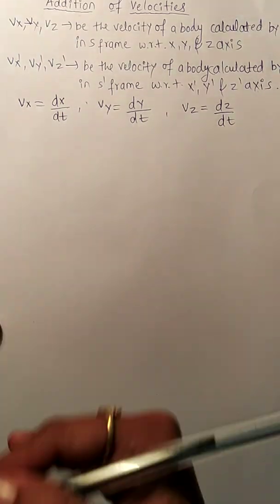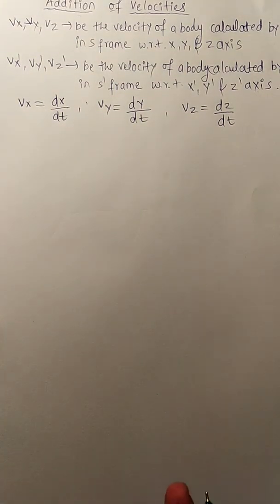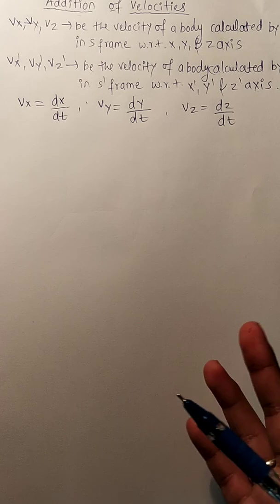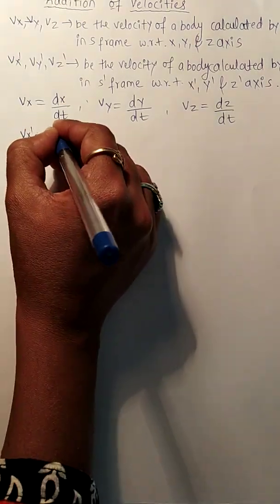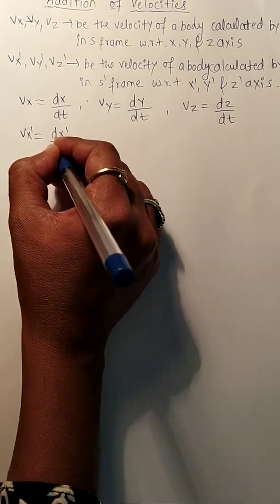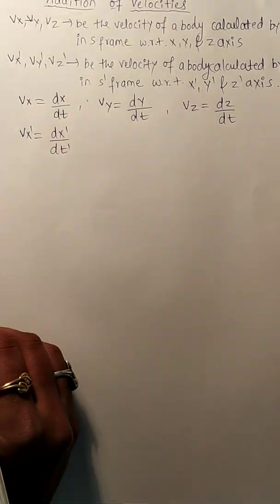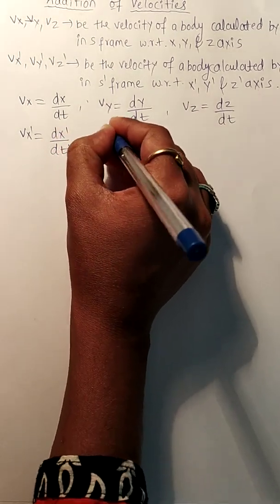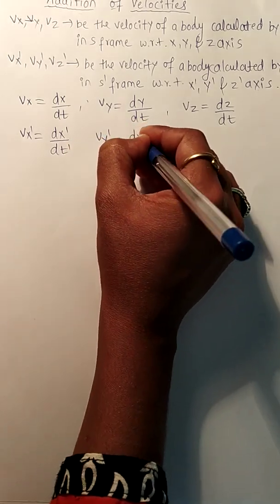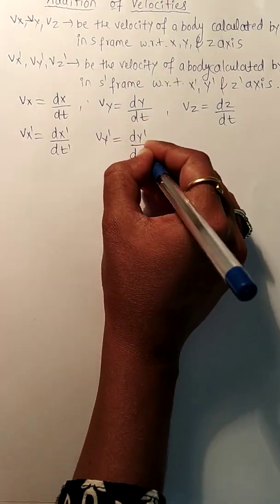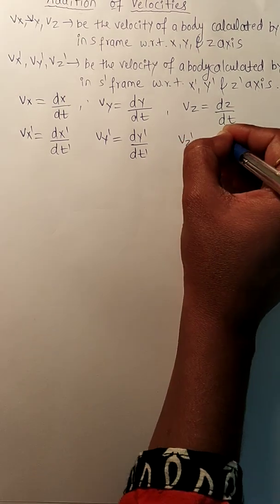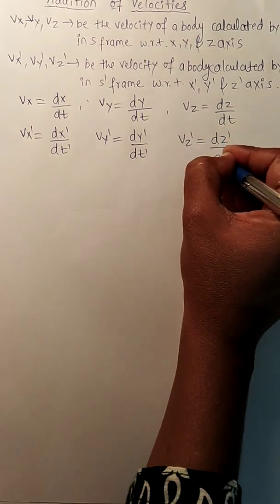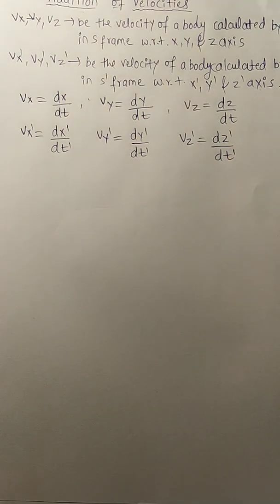Now with respect to the S dash frame, the same velocity we will calculate along the three axes. So what will we get? We are getting phi x dash is equal to dx dash divided by dt dash, and phi y dash is equal to dy dash divided by dt dash, isn't it? And phi z dash is equal to dz dash divided by dt dash.